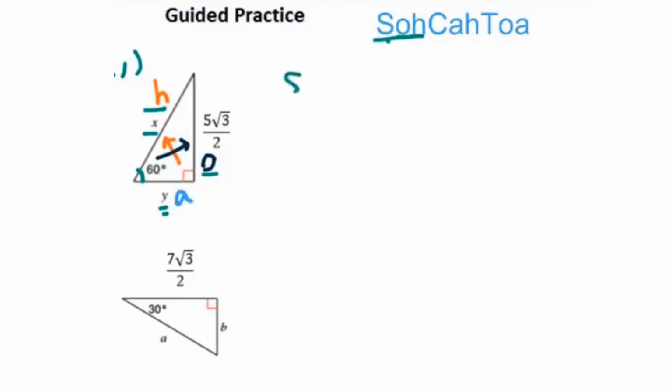That's why I use sine 60 equals opposite over hypotenuse. Opposite will be 5 square root 3 over 2, then divided by x.